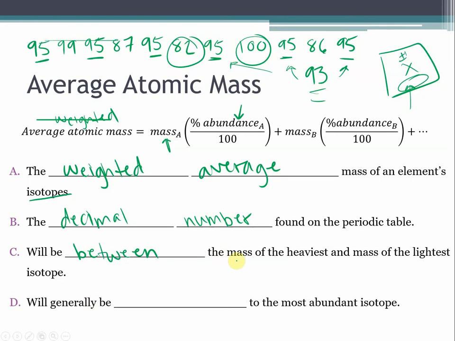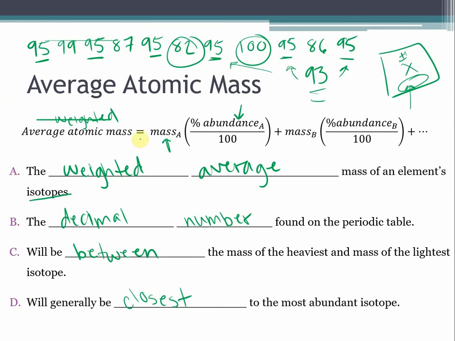Your average is always going to be in the middle of your highest and lowest numbers. And it's also going to generally be closest, not necessarily always, but a vast majority of the time, to the most abundant isotope. So our most abundant grade, our most common grade up here was 95, and our average was closest to 95. It fell the closest to that.